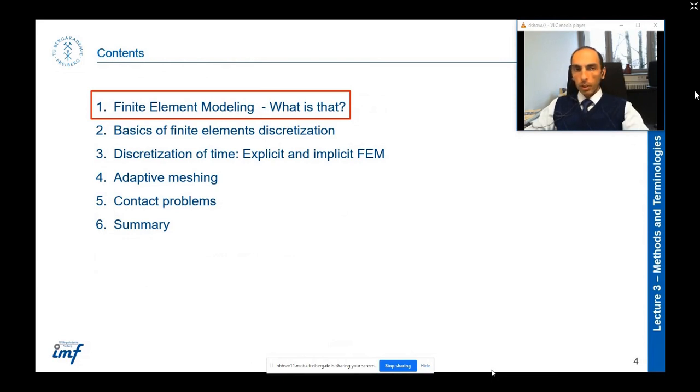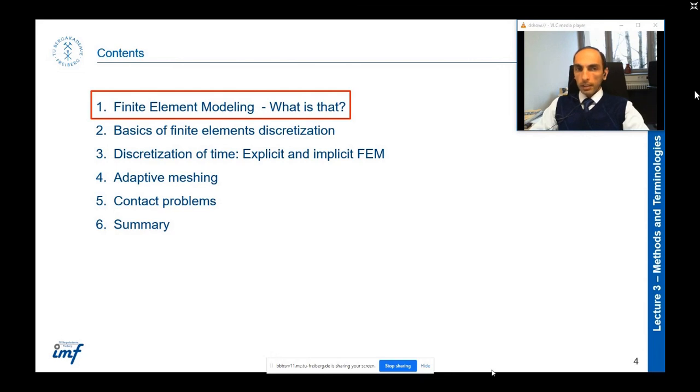First, we talk about finite element modeling, exactly what it is, and then we talk about basic concepts in finite element, like how we can solve the equation, what discretization is, what discretization on time is, and the difference between explicit and implicit FEM.